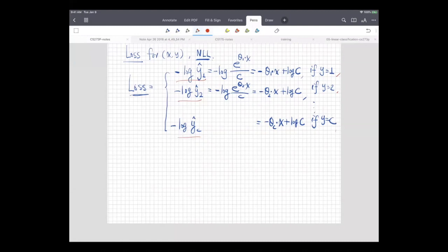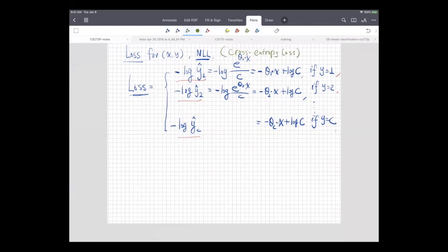This is called a negative log likelihood, and sometimes people call it cross-entropy loss for multi-class classification problems. I have to use this calculation to do that. What I'm going to do next is propose a new notation to make this slightly easier.